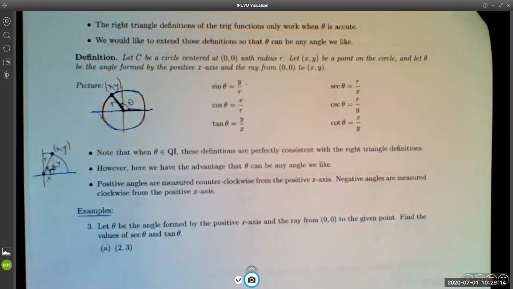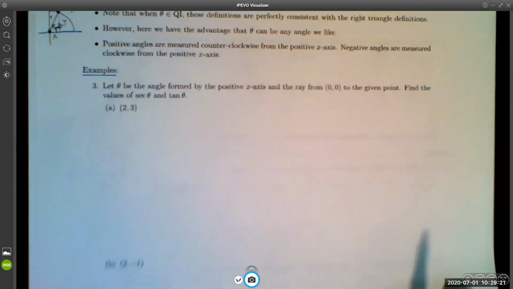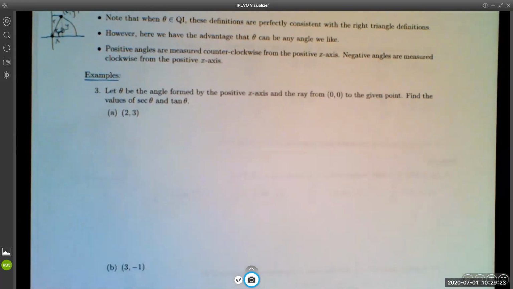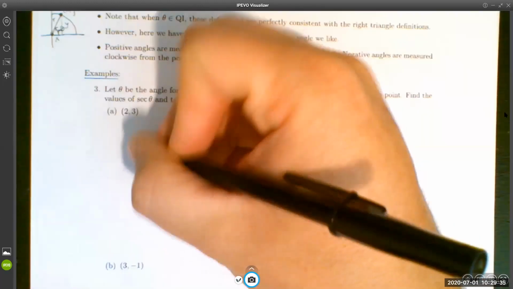Let's practice with this definition a little bit. Number 3 says, let theta be the angle formed by the positive x-axis and the ray from (0, 0) to the given point. Find the values of secant theta and tangent theta. So first of all, we've got the point (2, 3). For me, it's helpful to draw a picture.